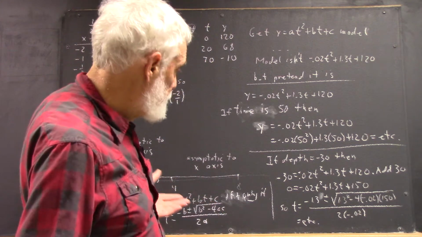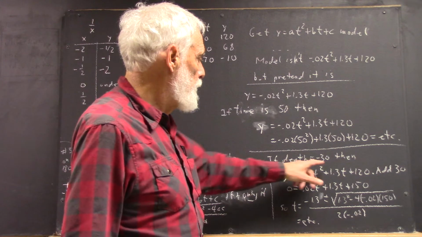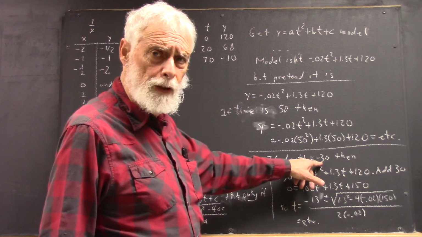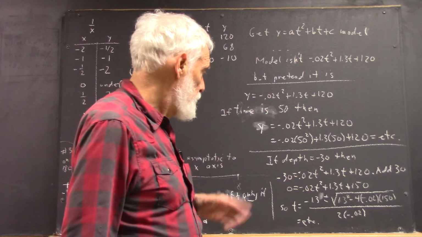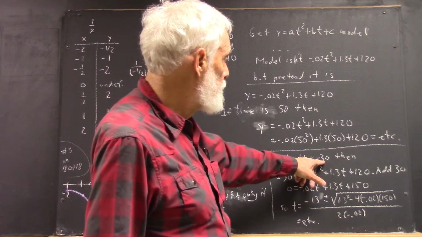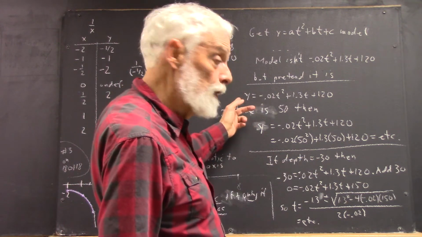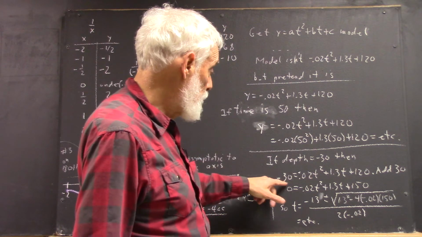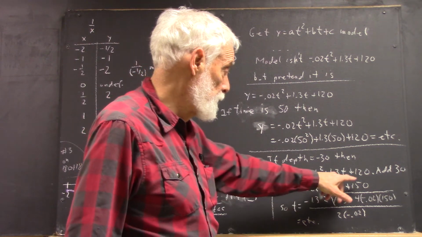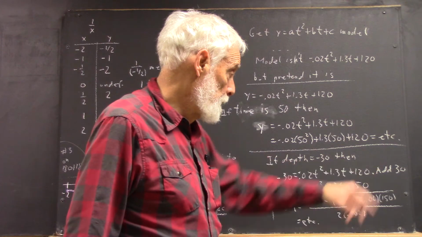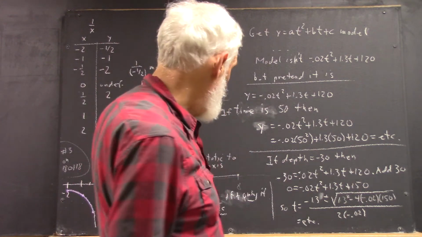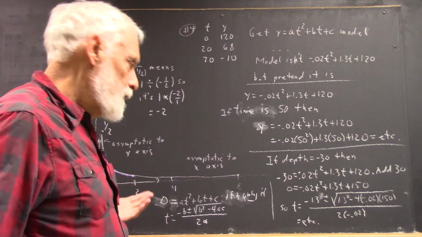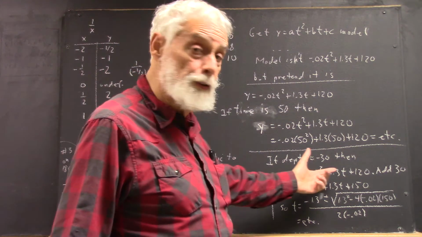Okay, now, another question. What if the depth is negative 30? When is the depth negative 30? Okay, well, if the depth is negative 30, then y is negative 30, and this equality becomes negative 30 equals negative 0.02 t squared plus 1.3 t plus 120. Now, we go back to recognizing what kind of equation this is.